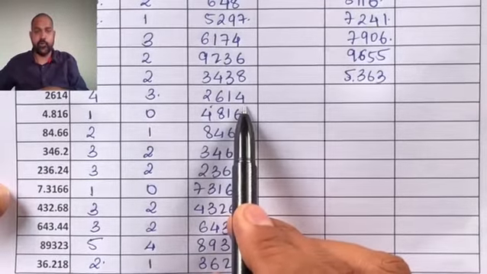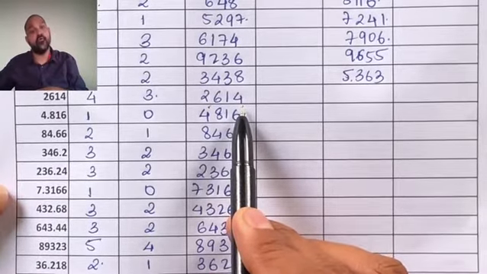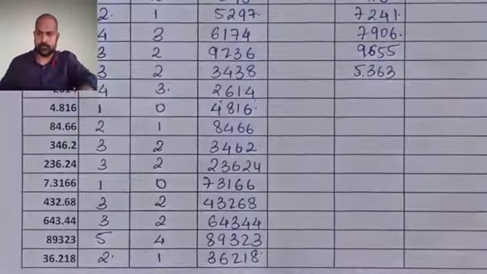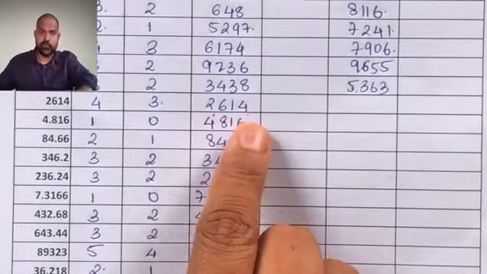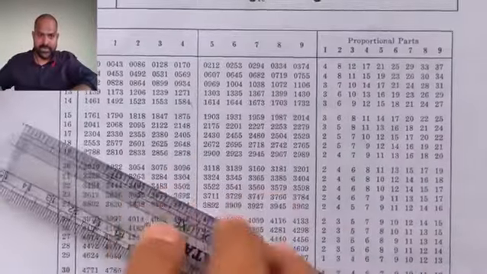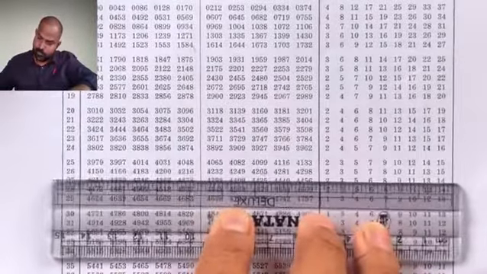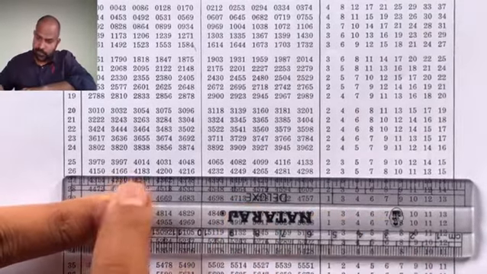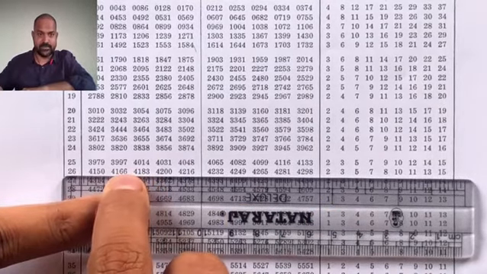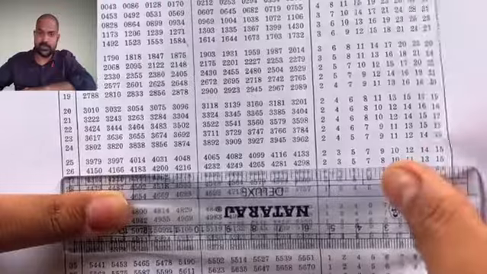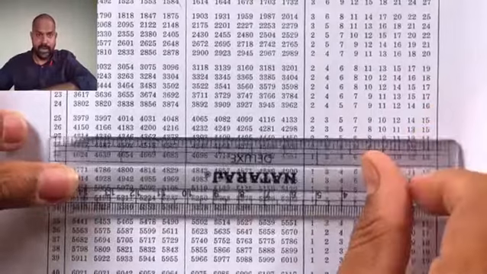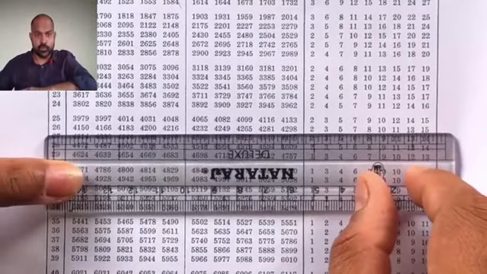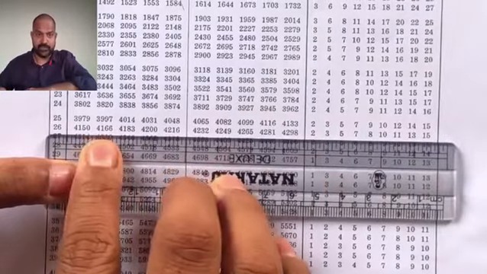So in 26 I am going to look for 1, and in that I am going to look for 4. So 261 is 4166.